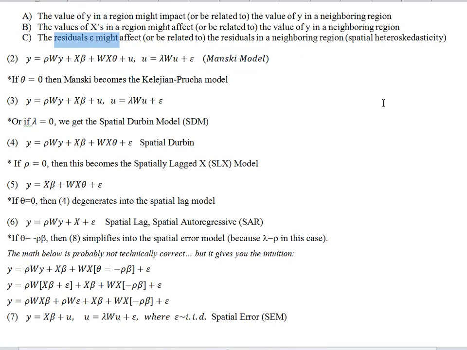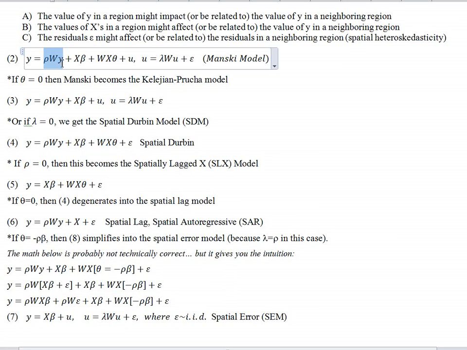Well, the most general kind of model is called a Manski model, a spatial Manski model. Now, the Manski model says, just translating this into English, that y, the unemployment rate in North Carolina, say, can be explained with neighboring unemployment rates, Wy. So W just says neighboring values of y.